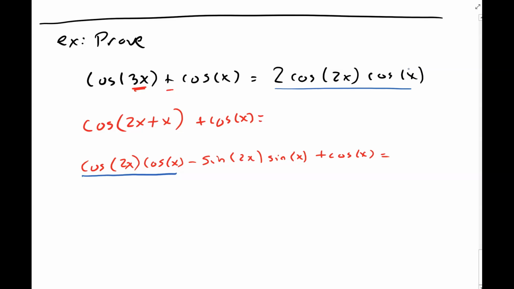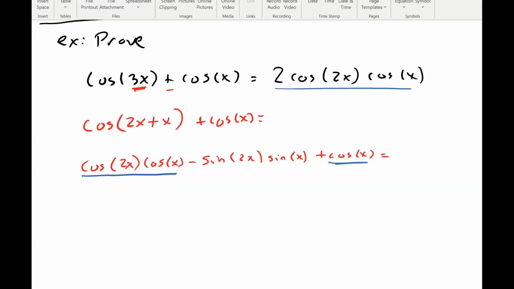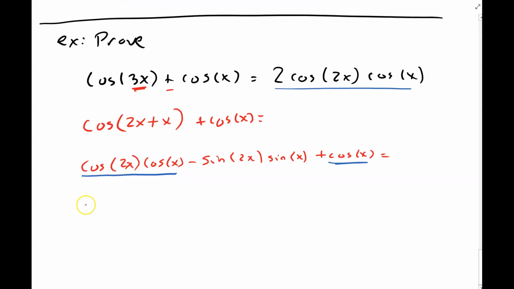So here's the trick. You ready to see the trick? I'm going to rewrite cosine of x. I'm going to rewrite that as a difference of two angles. What two angles do you think I'm going to be subtracting? How about 2x and x?